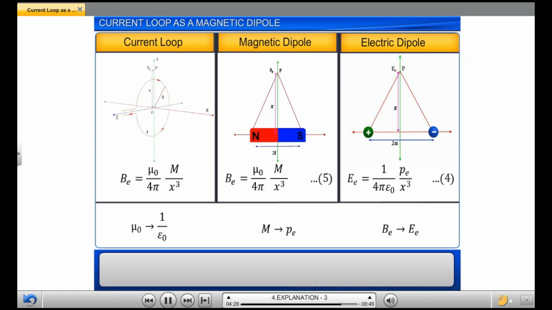Substituting these similar values in equation 4, we arrive at the magnetic induction at a distant point P on the line which is in the plane of the circular loop as BE is equal to mu naught by 4 pi into M by x cube. Here too, the distance x of the point is much greater than the radius of the circular loop.